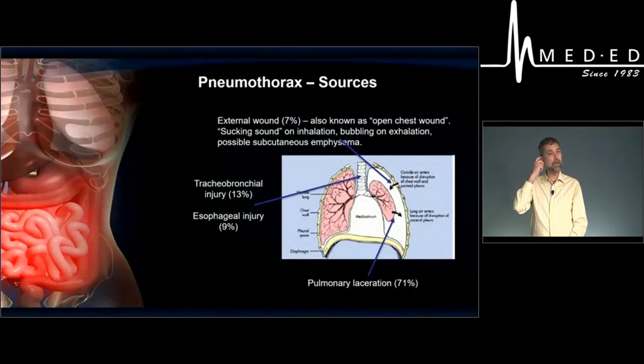So let's look at some of the causes of a pneumothorax. Nearly all pneumothoraces are caused by a pulmonary laceration. About 71% of pneumothoraces come from a defect in the lung itself. Usually it's a ruptured alveoli. You're driving along, you're about to be in a motor vehicle collision. What will you likely do at the point of impact if you know what's going to happen?